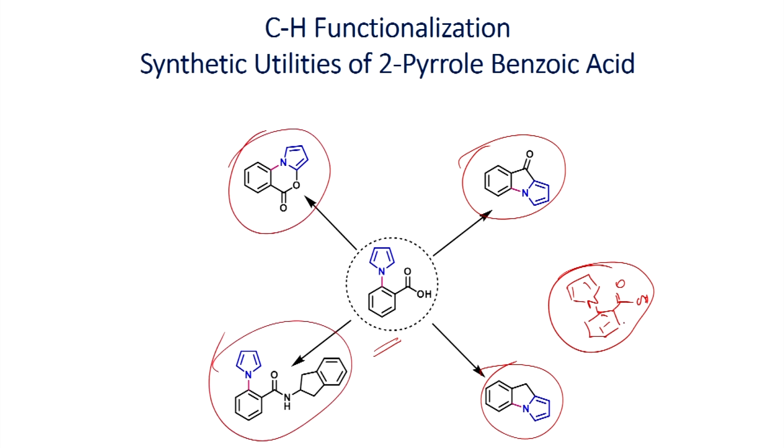If you have benzoic acid, you have the CH bond, and if you couple this pyrrole with this CH bond via dehydrogenative coupling, it will be very useful.